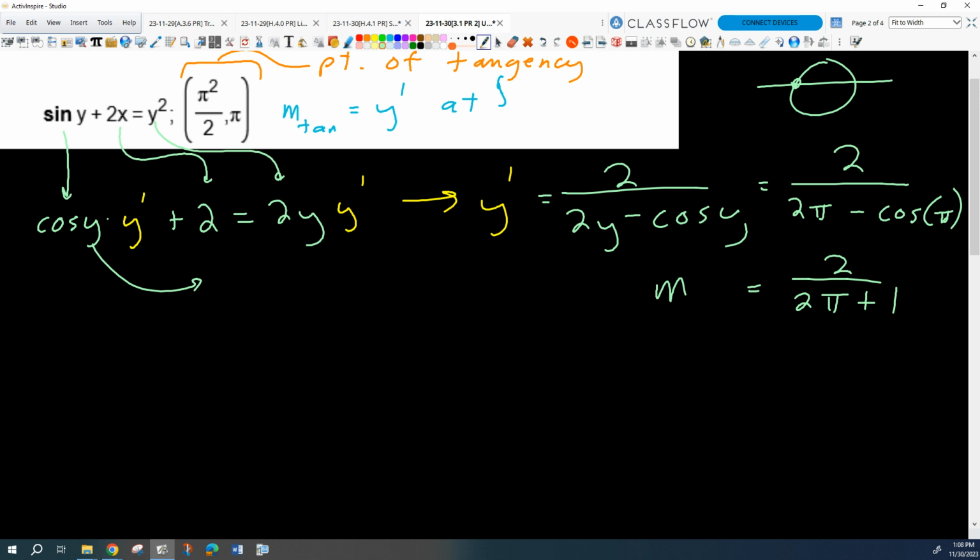It's a super inconvenient slope, but we just have to plug that in. I mean, it's going to look terrible, but it's just a bunch of regular old algebra now. So we're going to get y minus pi equals m, which is that whole thing, times the quantity x minus pi squared over 2.